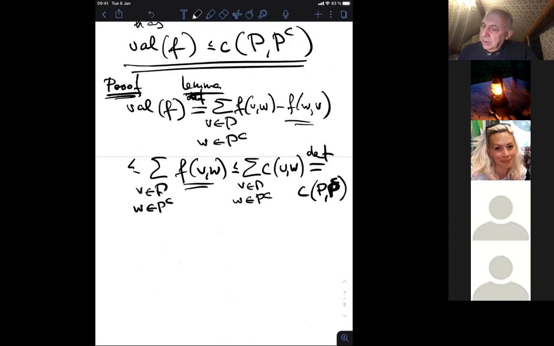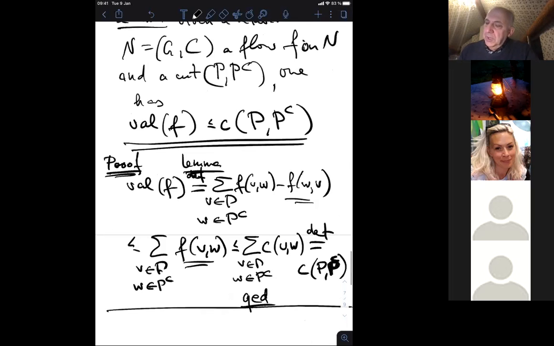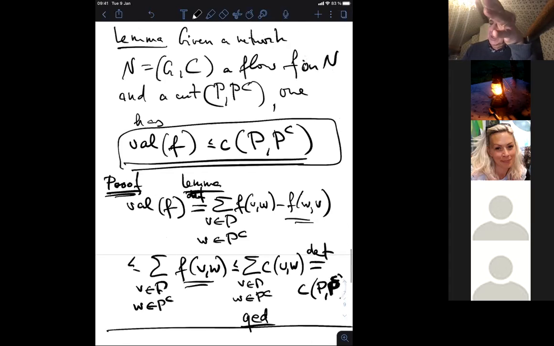Now we're done here. So we have this fundamental inequality: for any network, any flow, any cut, the value of the flow is bounded from above by the capacity of the cut.